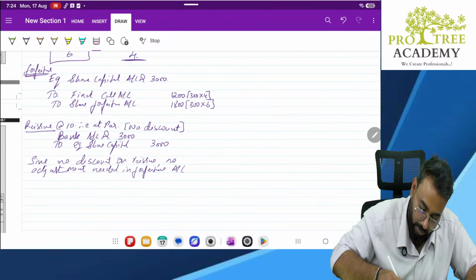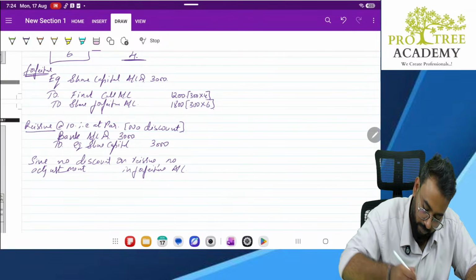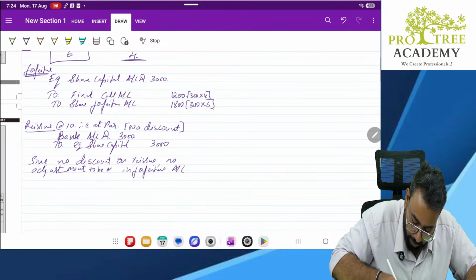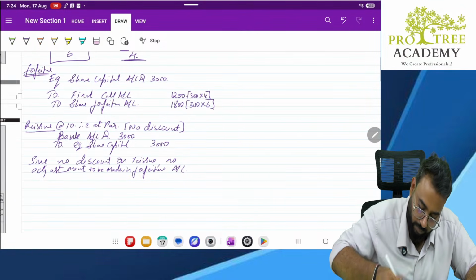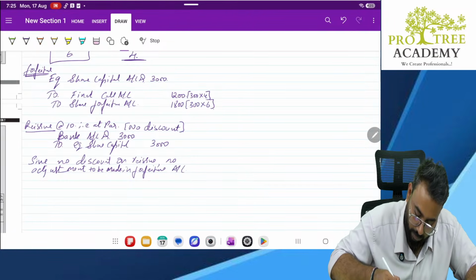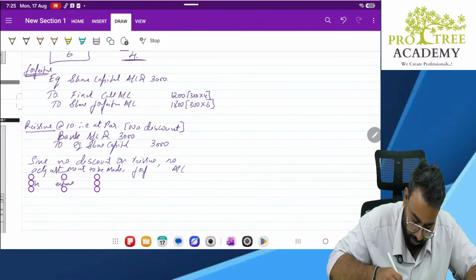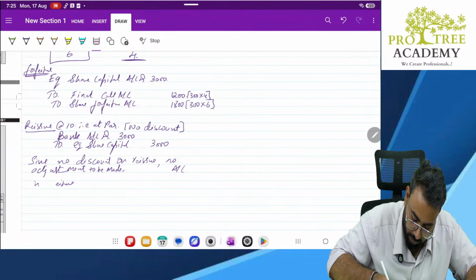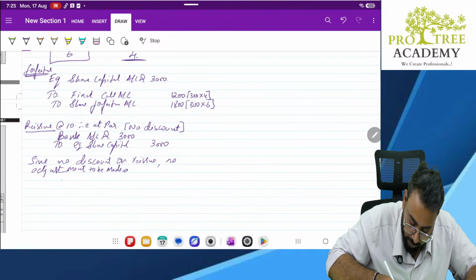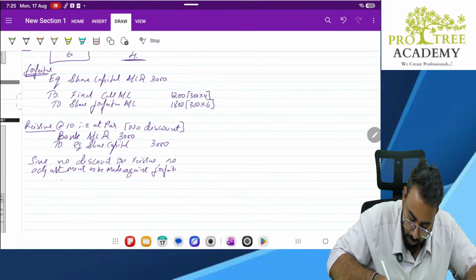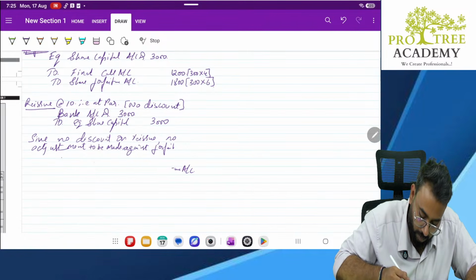Not needed is the word. To be made against forfeiture account.